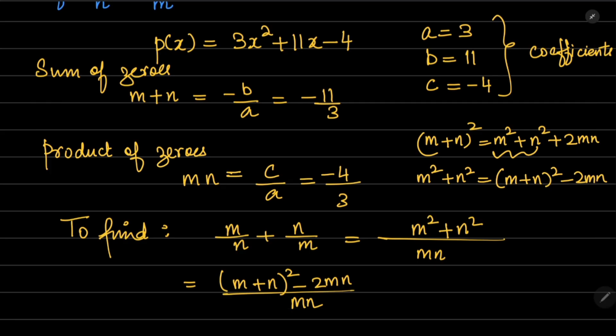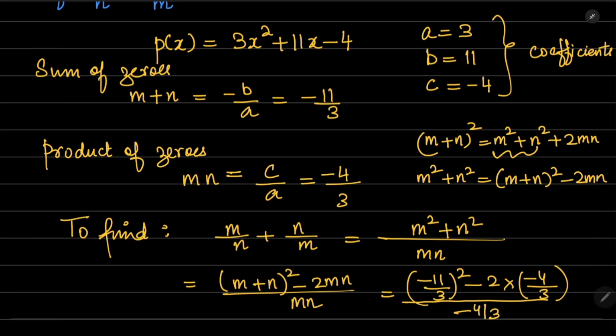What is m + n? −11/3. So you have (−11/3)² − 2 multiplied by mn, which is −4/3, whole divided by again −4/3. Now we have to solve it.